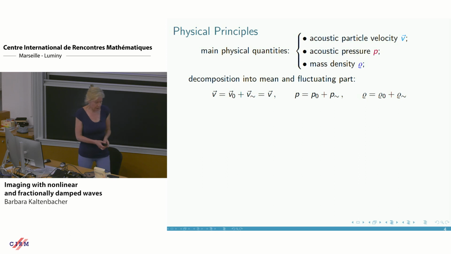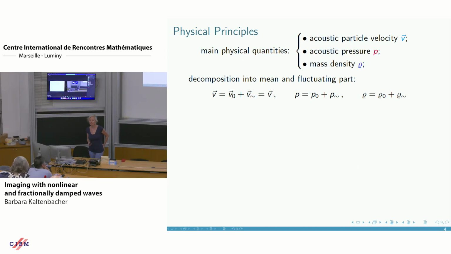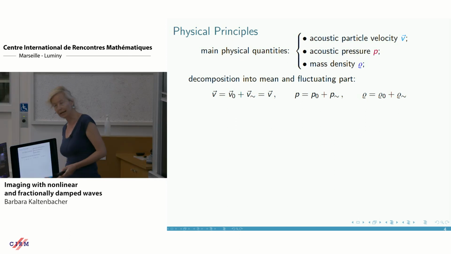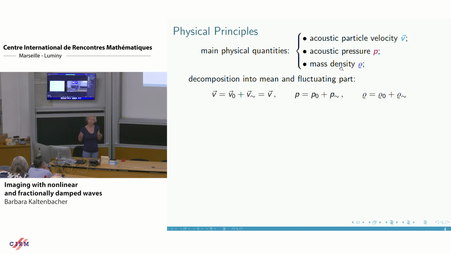So to derive acoustic equations, one has to go back to the fundamental balance laws of acoustics and to the fundamental quantities that are of importance here. And that's first of all the acoustic particle velocity, then the acoustic pressure and the mass density. And they are all functions of space and time.